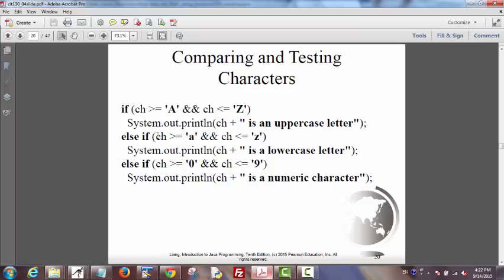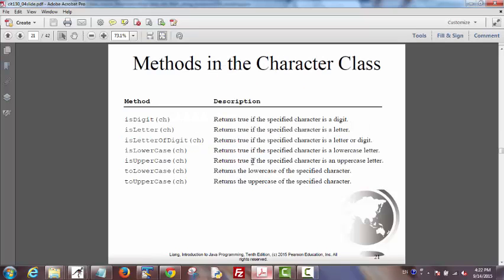If you want to check whether something is lowercase, then it has to be bigger than a and less than z. For something to be numeric, it has to be bigger than 0 and less than 9. So you can ask the user for a character and then check whether it's uppercase, lowercase, or even numeric or not.